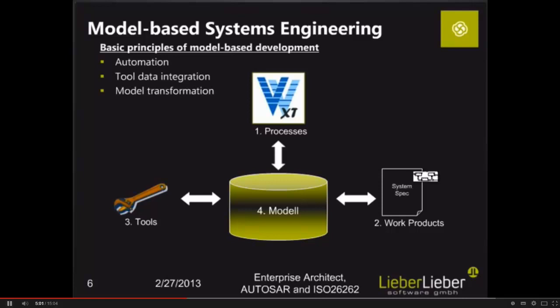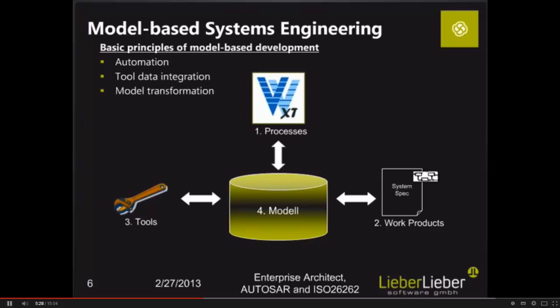What kind of structure this model has is defined by the processes. And when you use tools to manipulate or derive new data from this model, then work products can be derived from these models automatically.